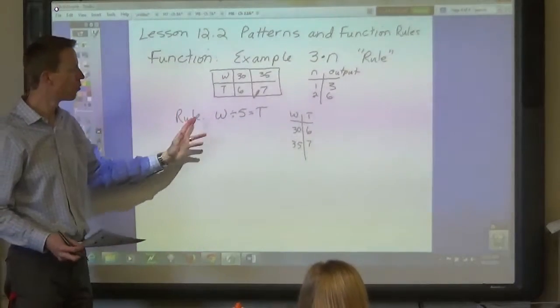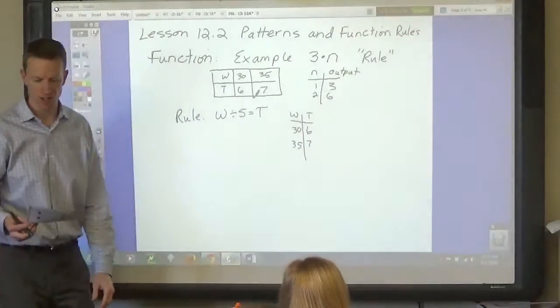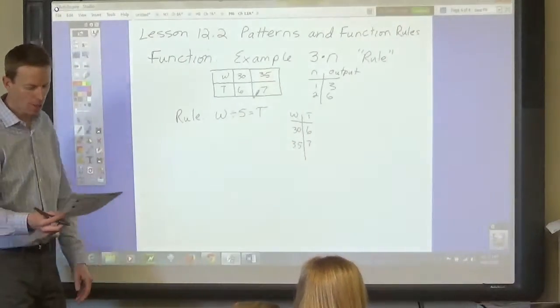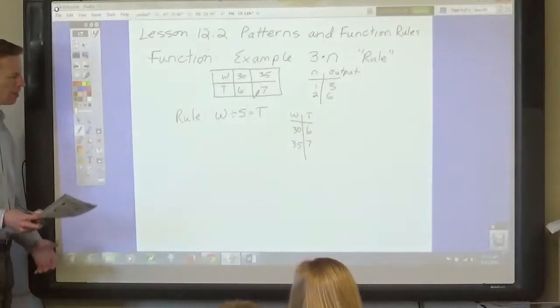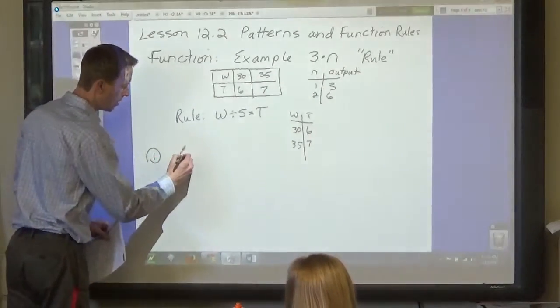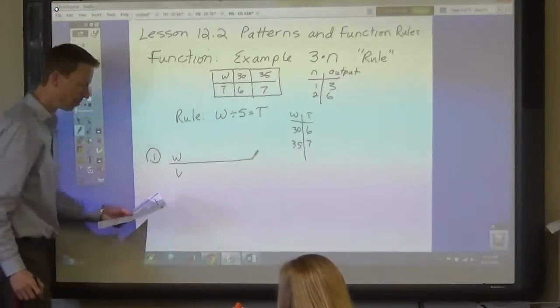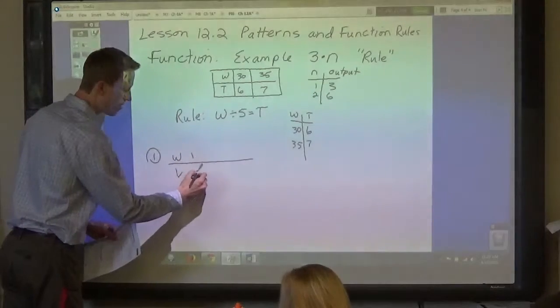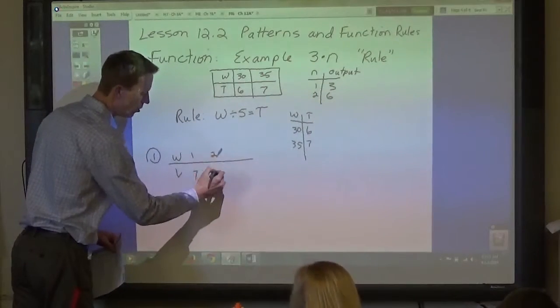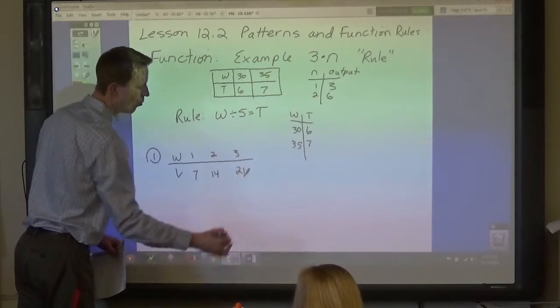And then you're going to write out the rule based on the chart. Let's do number 1 together. W and V. It's written out this way: 1, 7, 2, 14, 3, 21.